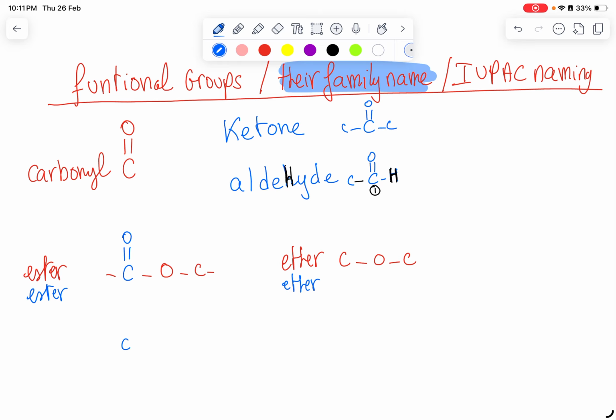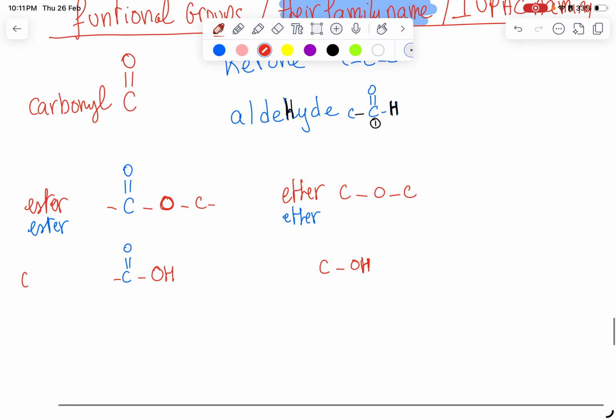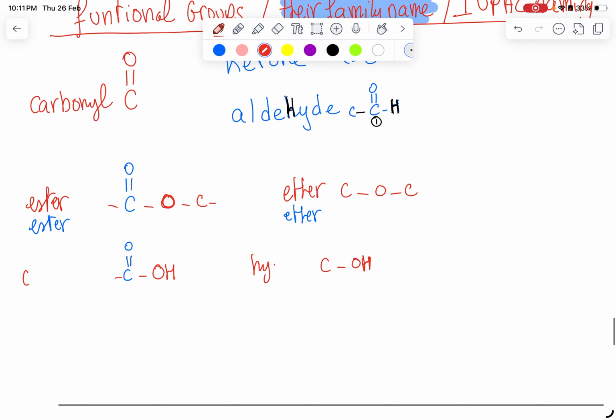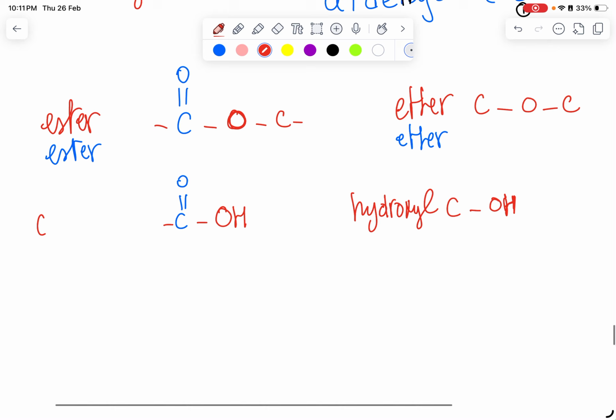Now again, I'm going to put this double bond O, but this time, instead of just writing O after it, I'm going to write OH. And again, I'm not going to put C double bond O here. I'm just going to put simply the OH, just like that. Okay, so this one is the carboxyl, and this one is the hydroxyl. Now look at this hint.